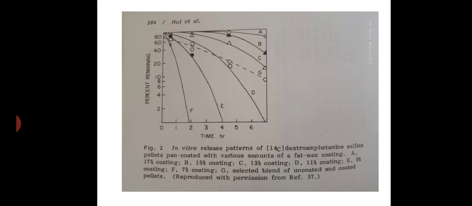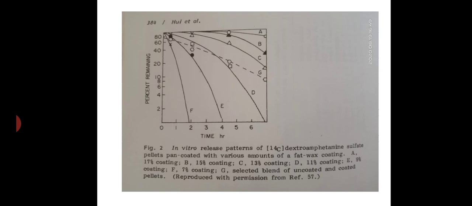Now look into this graph. What are you understanding from this graph? Initially, in A, even after 6 hours, a major amount of drug, around 80% of drug, is remaining within the delivery system.